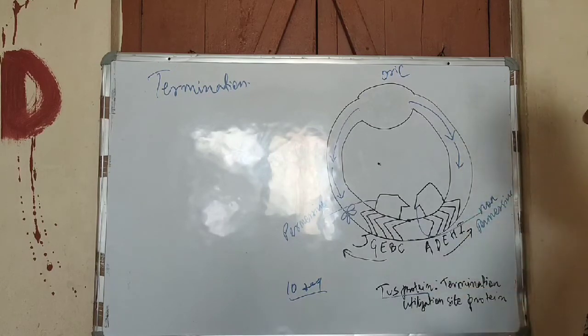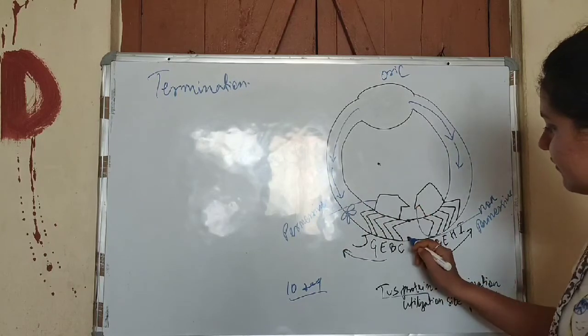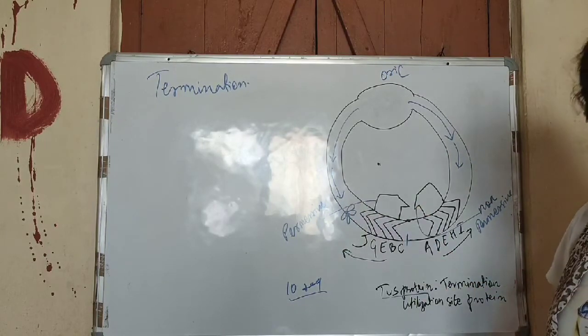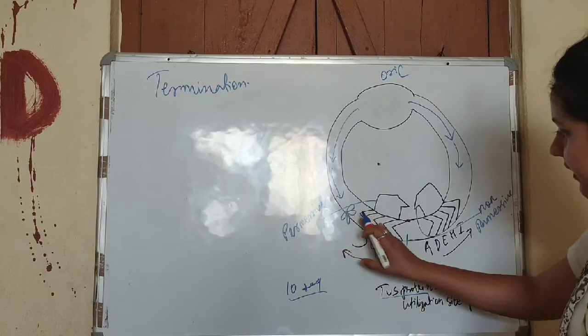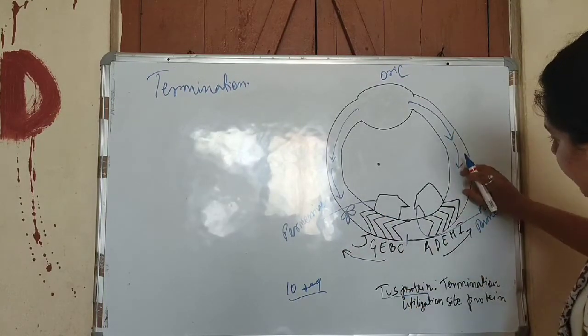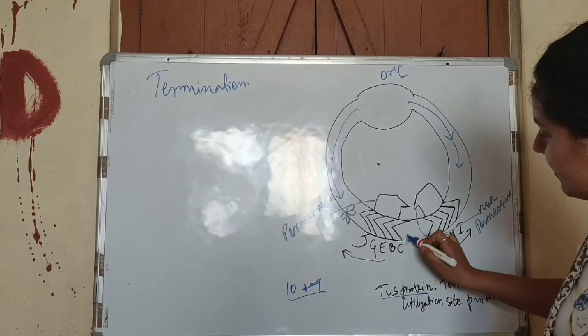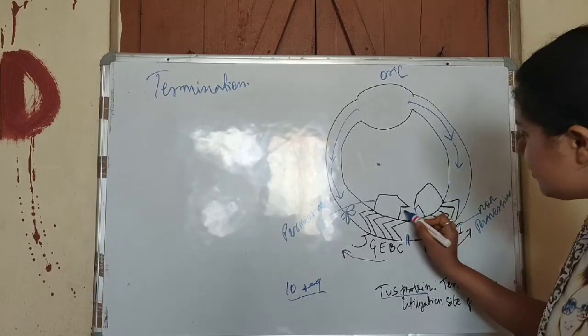Alright, so what happens, helicase will come and enter here and it will stop somewhere here. From this side also helicase will come, it can enter this part and it will stop somewhere here, because it will not be able to go this side.